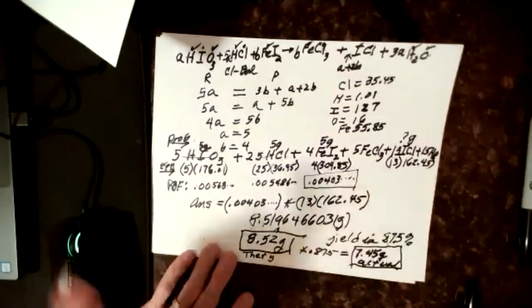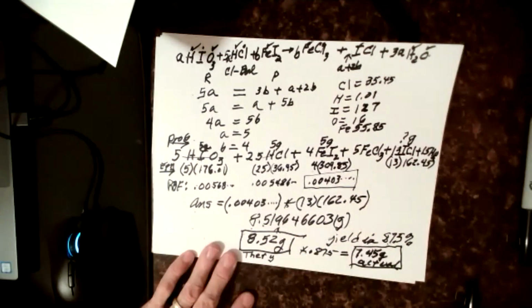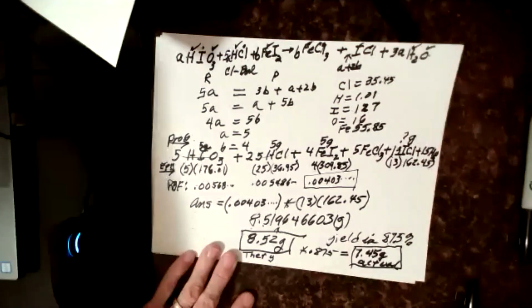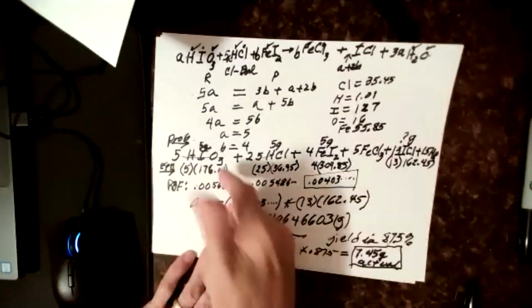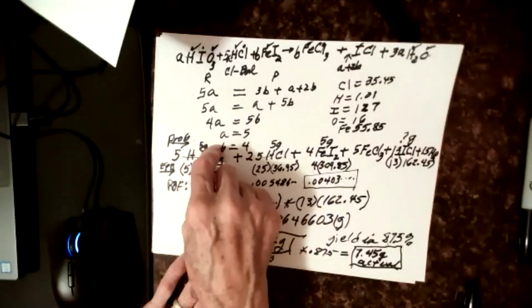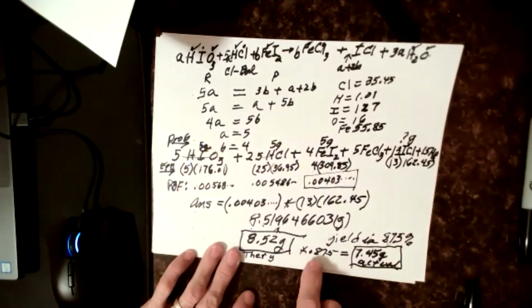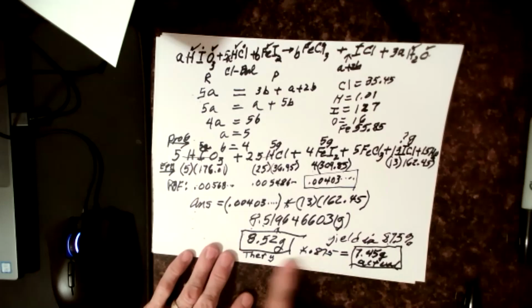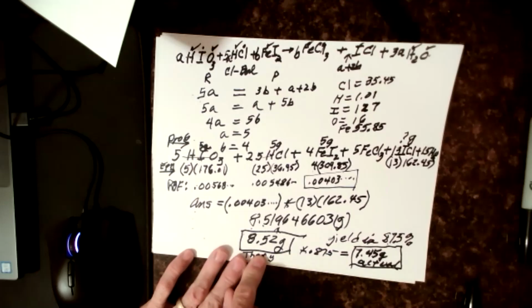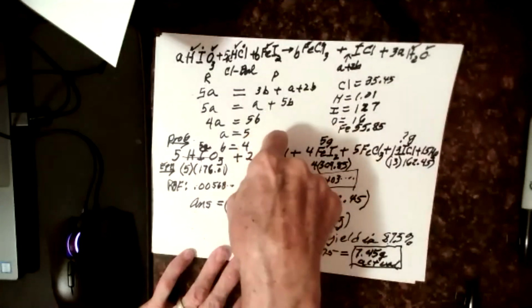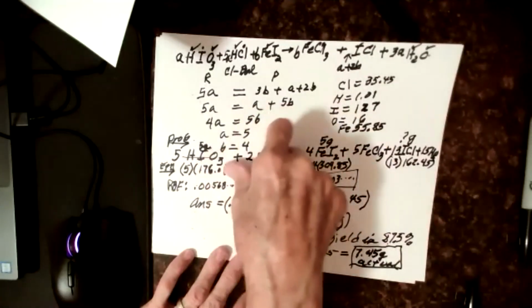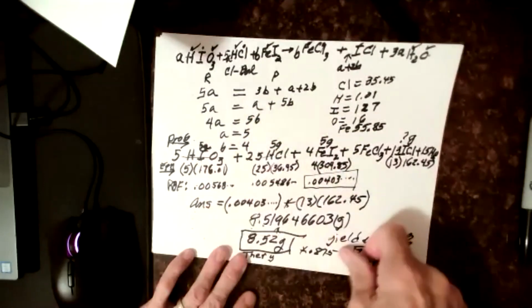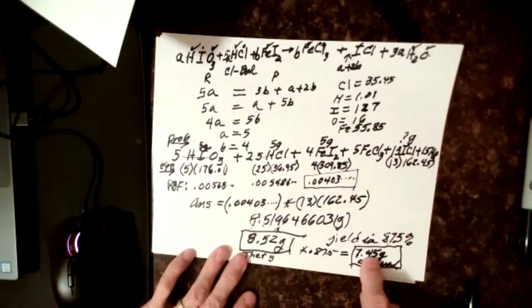But if they ask you how much of a reactant do you need if the reaction's only 87.5%, I'm still going to work it through like it was 100%. But when I get my answer, instead of multiplying by 0.875, I'm going to divide by 0.875. And that will scale things up so that you'll have enough stuff to start out with that when you get to the end and multiply by 0.875, you're going to get this one.